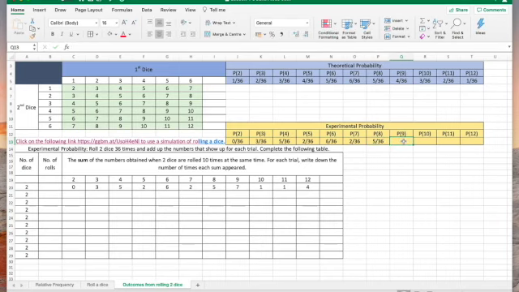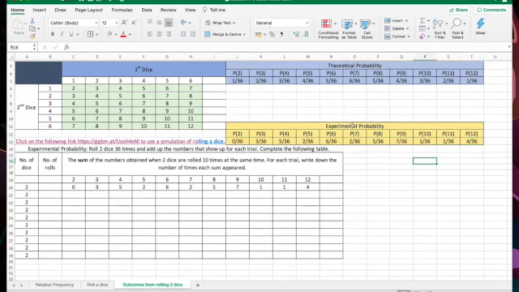And 9 appeared 7 times out of 36. 10 appeared only once out of 36. 11 only once out of 36. And 12 4 times out of 36.